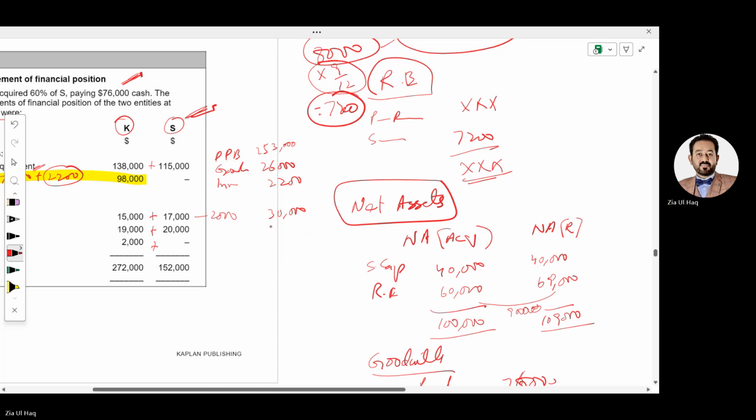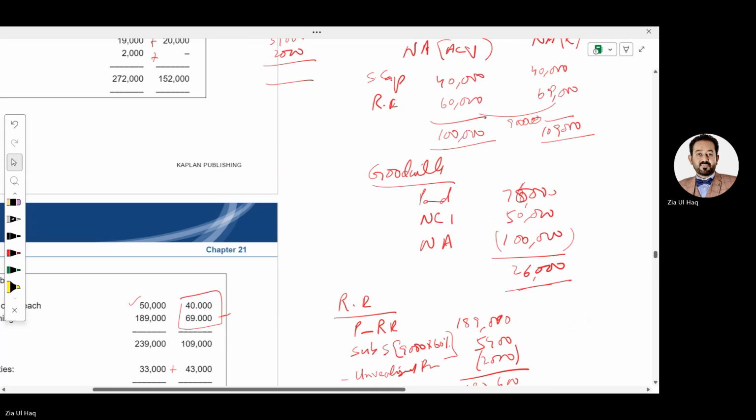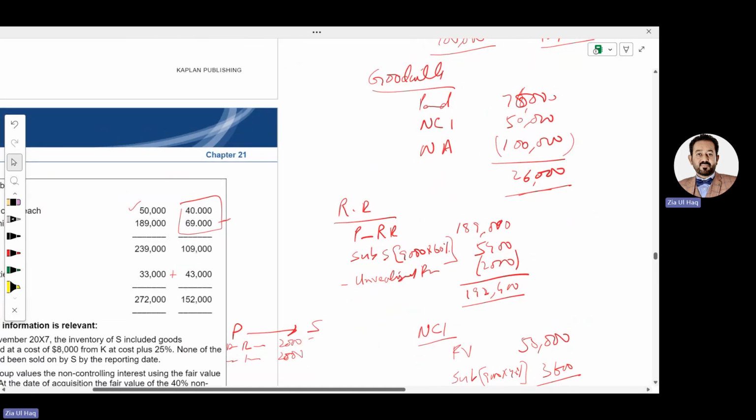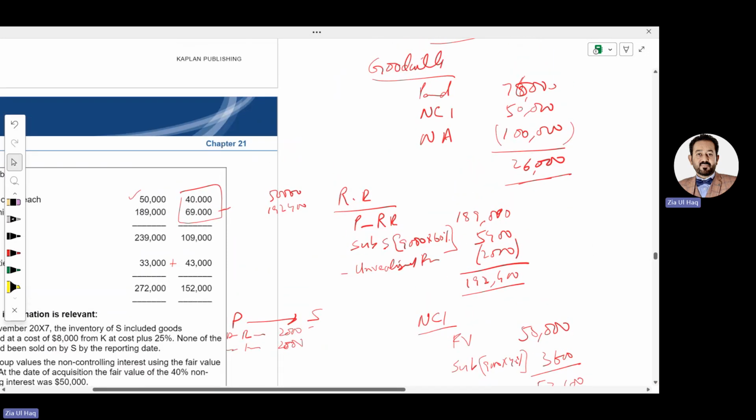And 39,000, and 2,000. So make the total. And for equity, we have 50,000, we have 192,400, and we have non-controlling interest of 53,600. And we have the remaining liabilities totalling 76,000.